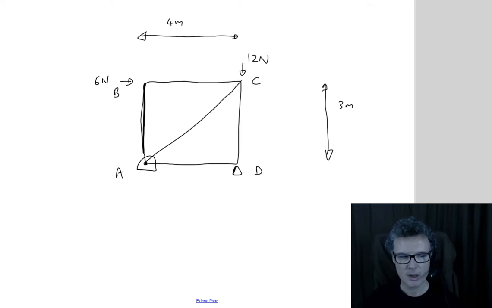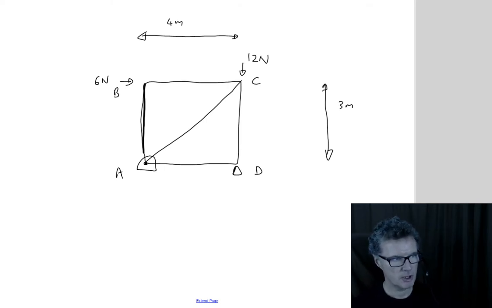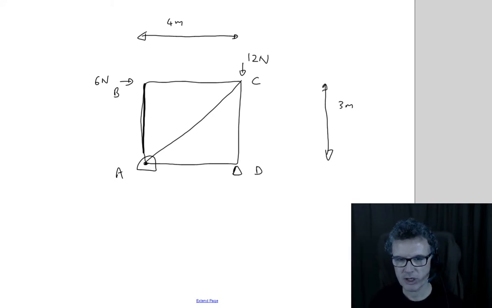Okay. Now, what would be really useful if you're doing this problem would be to pause the video, because we're going to take it in stages. Skip over the first stage, and see if you can work out the next stage that we're going to go on to do. So the next stage will be to work out what the reactions are.